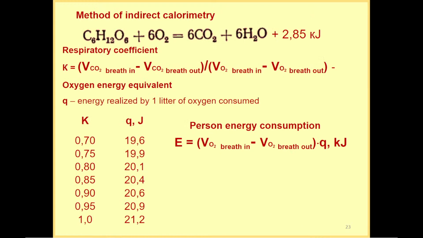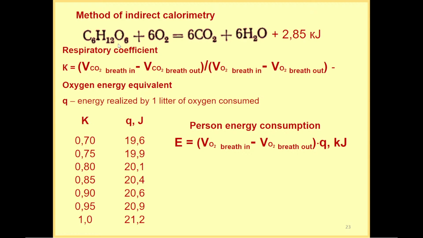And look, the method of indirect calorimetry is for routine medical practice. What is the idea of this indirect calorimetry? The idea is based on the oxidation process of fuel food.